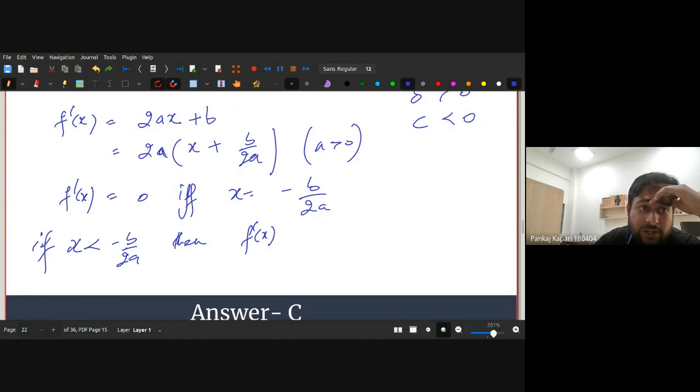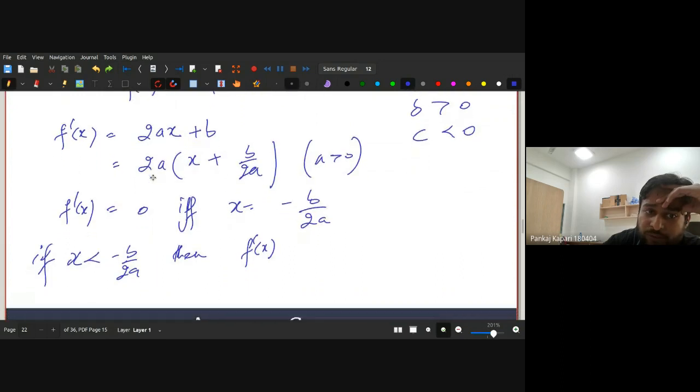Here I have taken 2a common, so the sign of this derivative will depend on the sign of a and on the sign of this factor. The sign of a is positive, so the sign of f prime will only depend on x plus b by 2a.